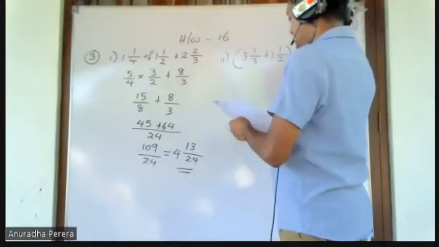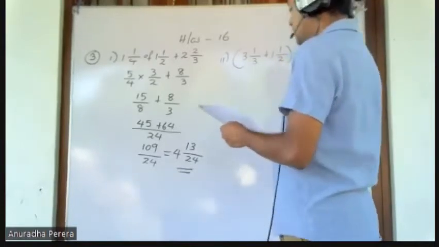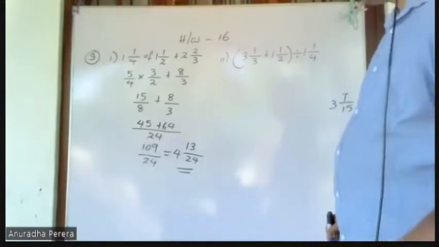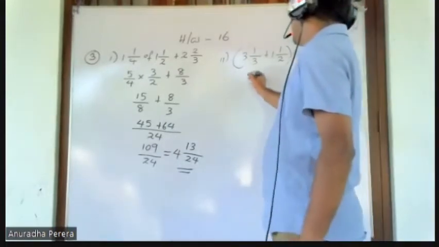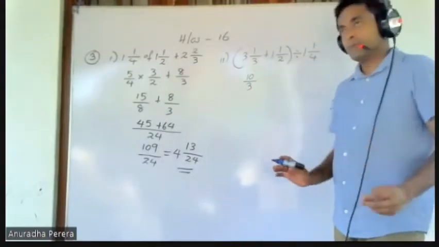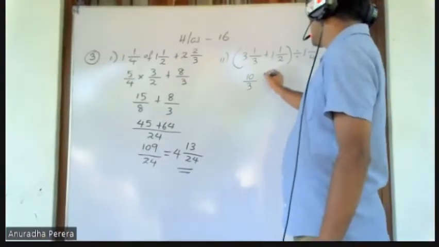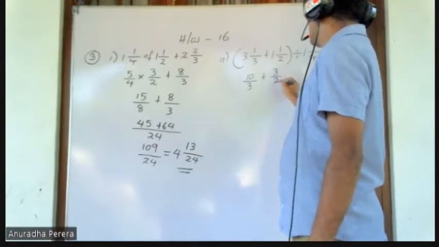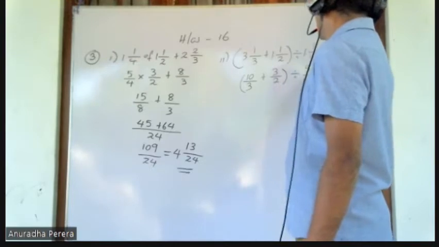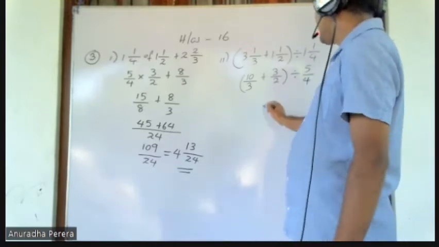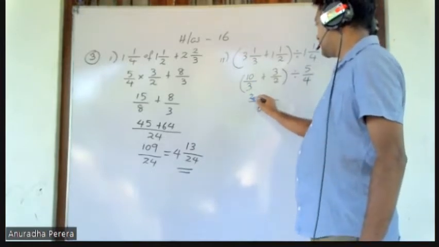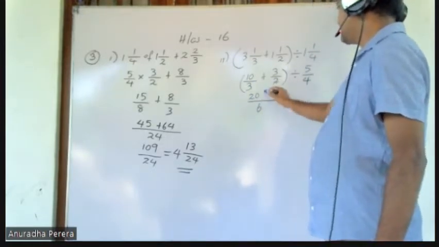Right. Divide by 1 1 over 4. 3 1 over 3, 1 1 over 2. Divide by 1 1 over 4. 10 over 3. You have to do this bracket first. You know about that. According to the Bodmas law. 3 over 2, 5 over 4. We can take common denominator as 6. 6 over 3, 2 into 10, 20. Then 6 over 2, 3 into 3, 9.